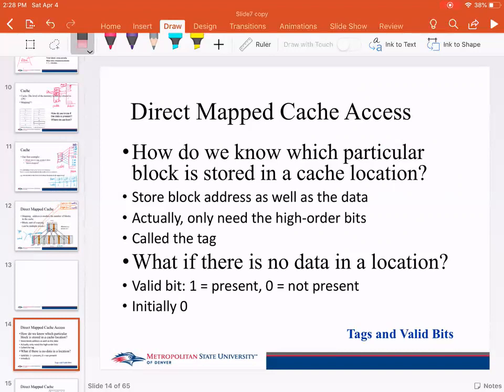And later on, maybe some part of the cache is filled by certain data. So some part of the cache is still empty. Whether there is a piece of data in a certain location can be represented by one binary bit, and we call it a valid bit, because we simply need one bit to represent if the current cache location is used or not. Is it empty or not, right?